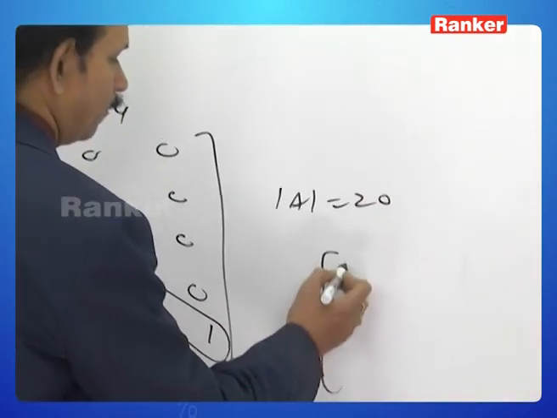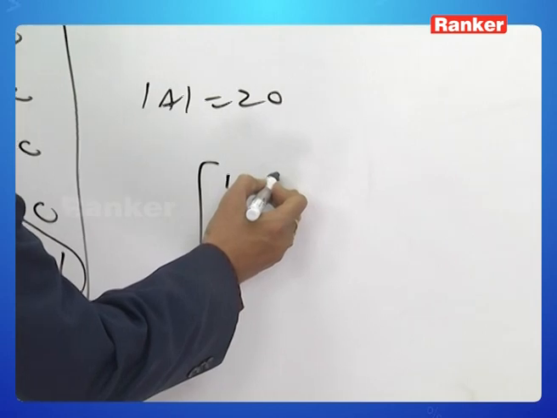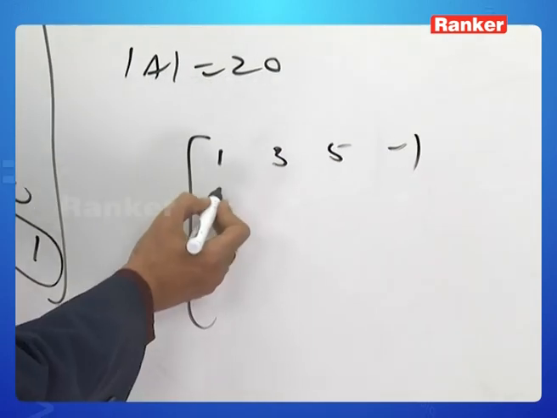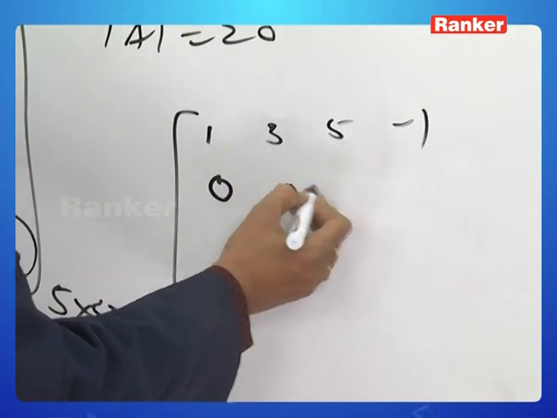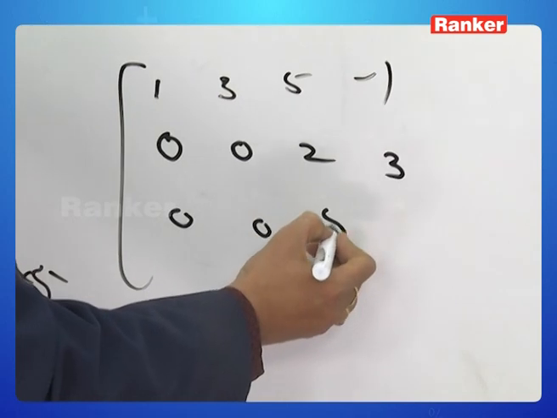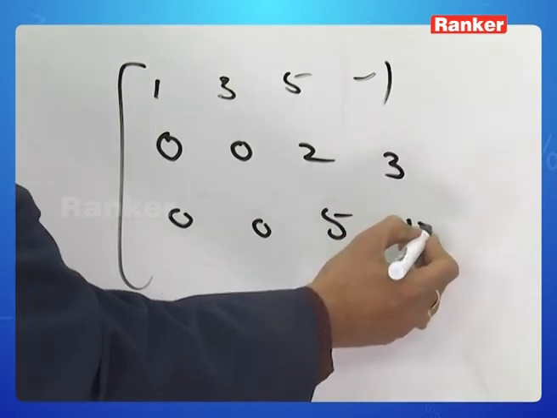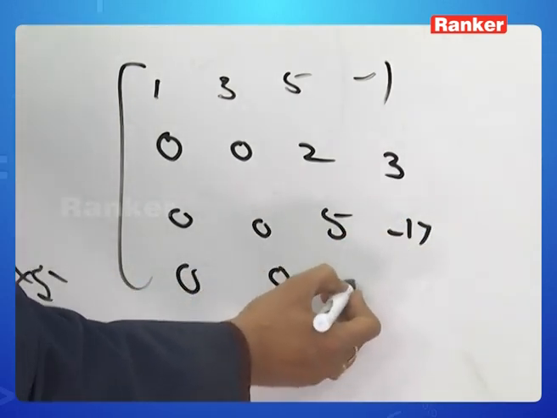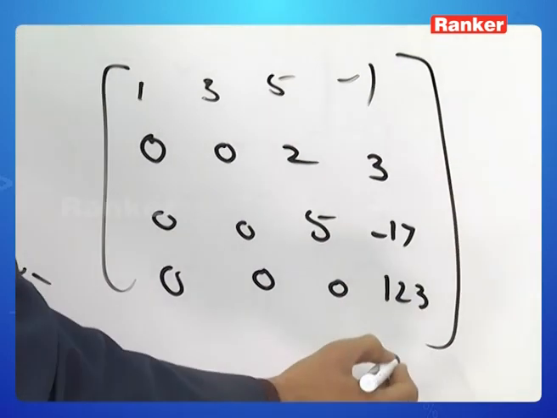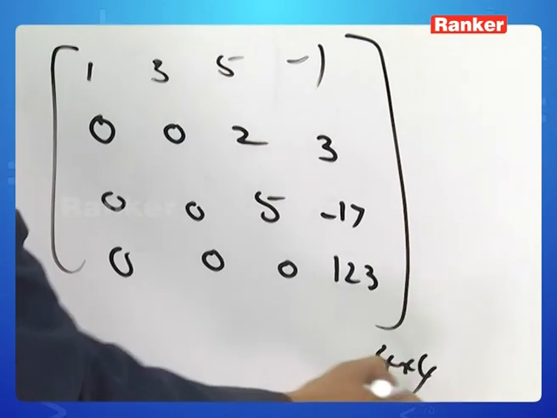Look here. 1, 3, 5, minus 1; 0, 0, 2, 3; 0, 0, 5, minus 17; 0, 0, 0, 123. This is a 4 by 4 matrix.